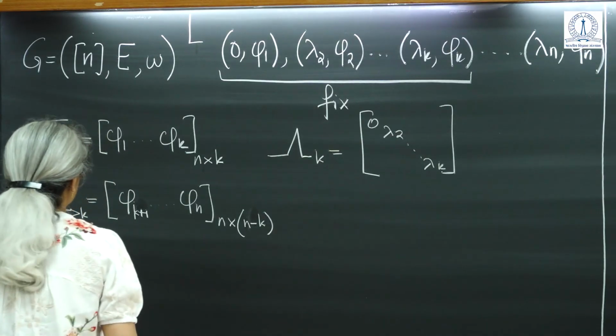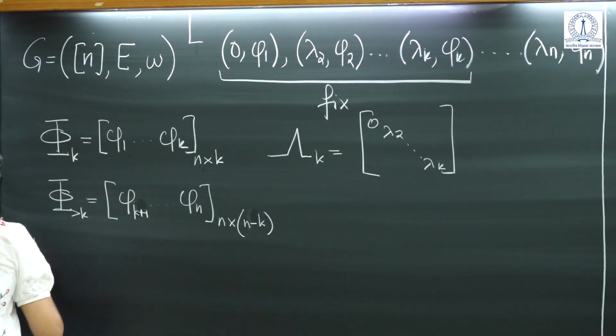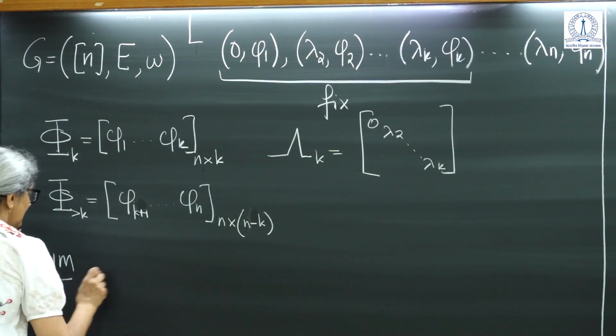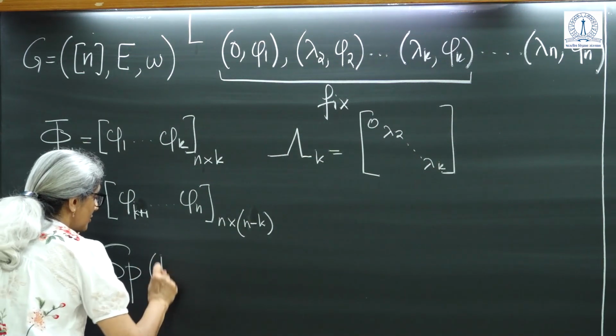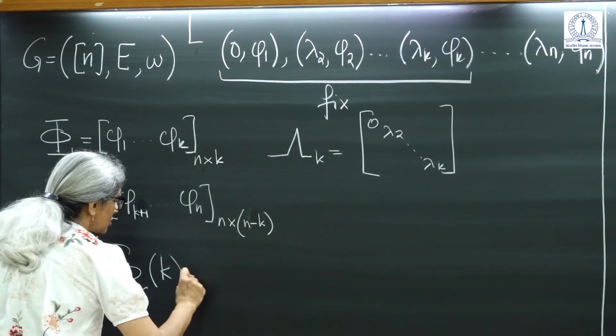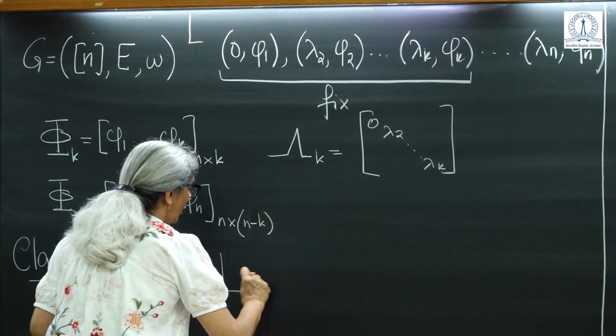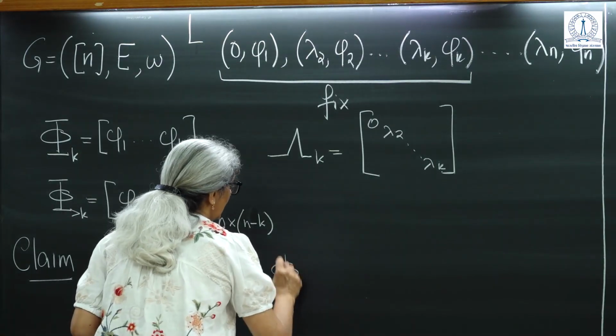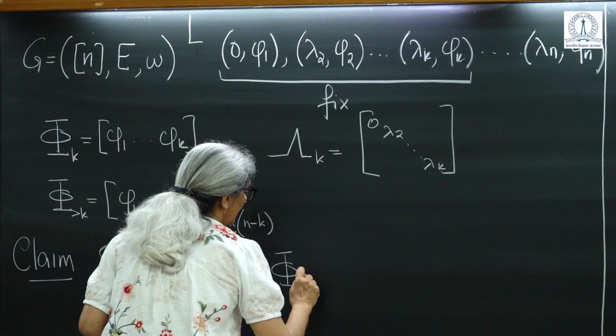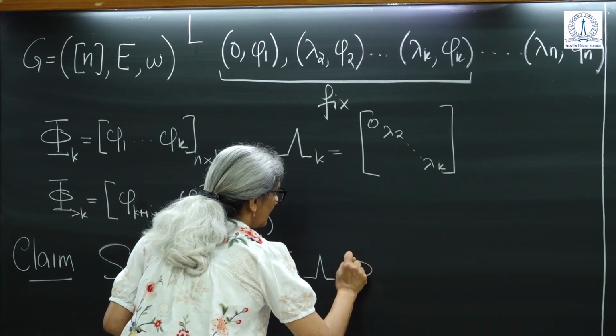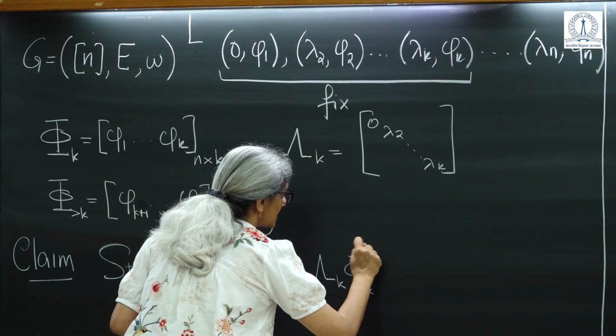And then the claim is that the k isospectral subgraphs of G, this is the space of Laplacians. These are all matrices that look like phi k, lambda k, phi k transpose.